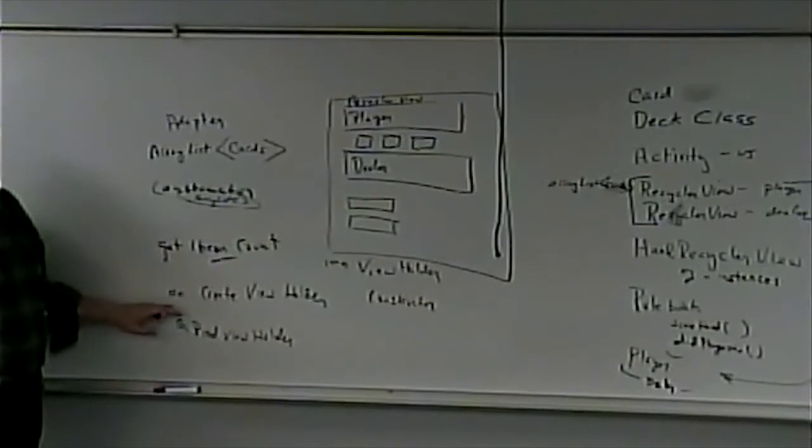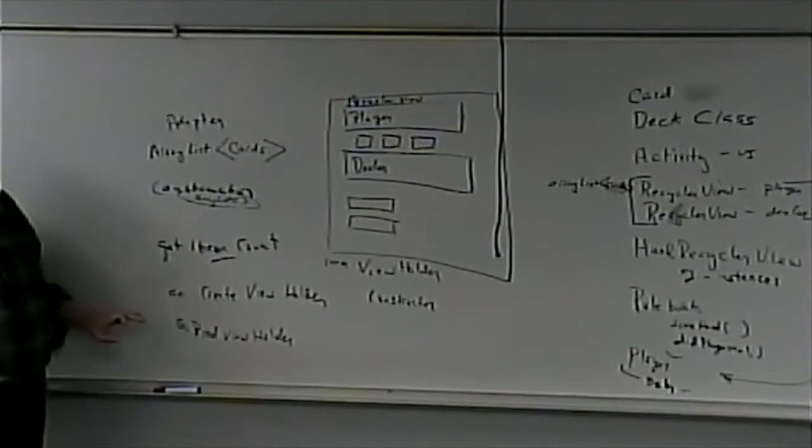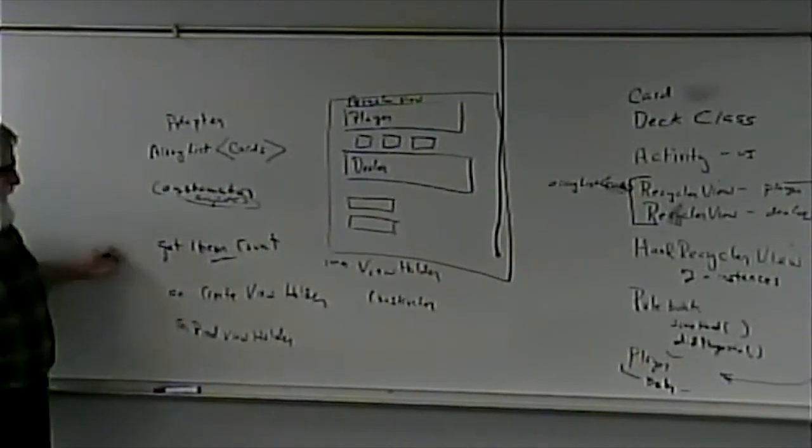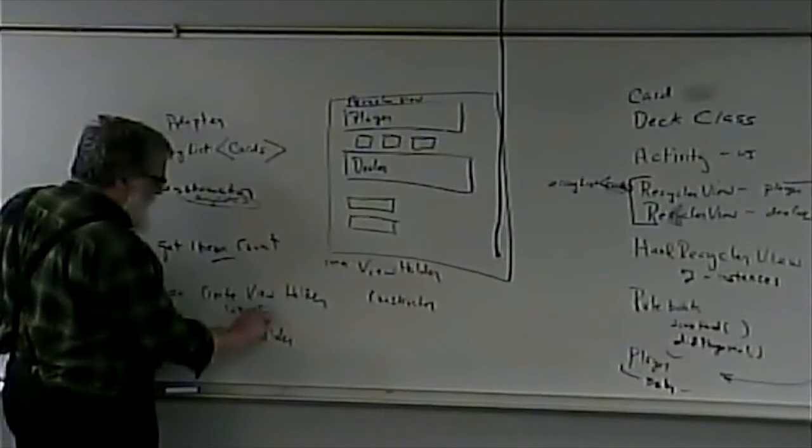Create view holder. What's that going to do? That's going to inflate the layout and return the view holder view. It's going to inflate the item layout, and return the view holder view. So, what do we mean by inflating again?